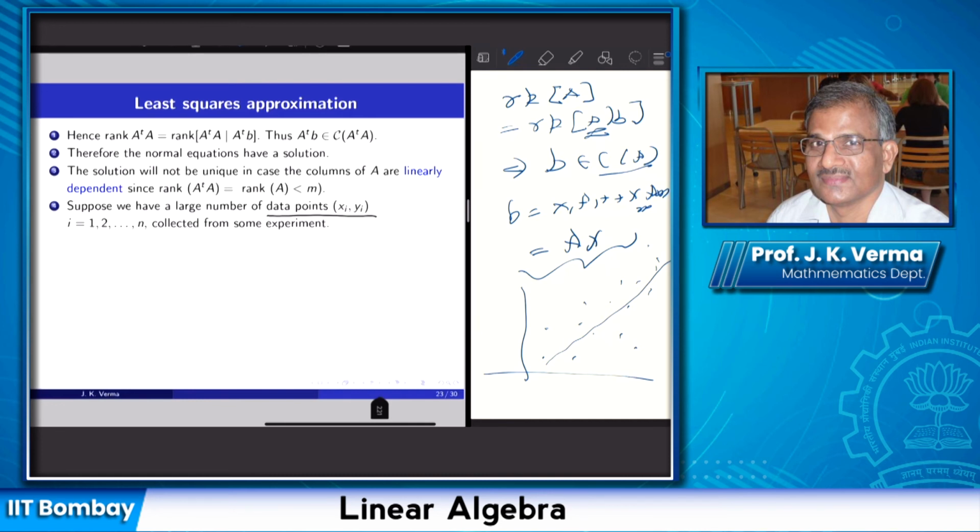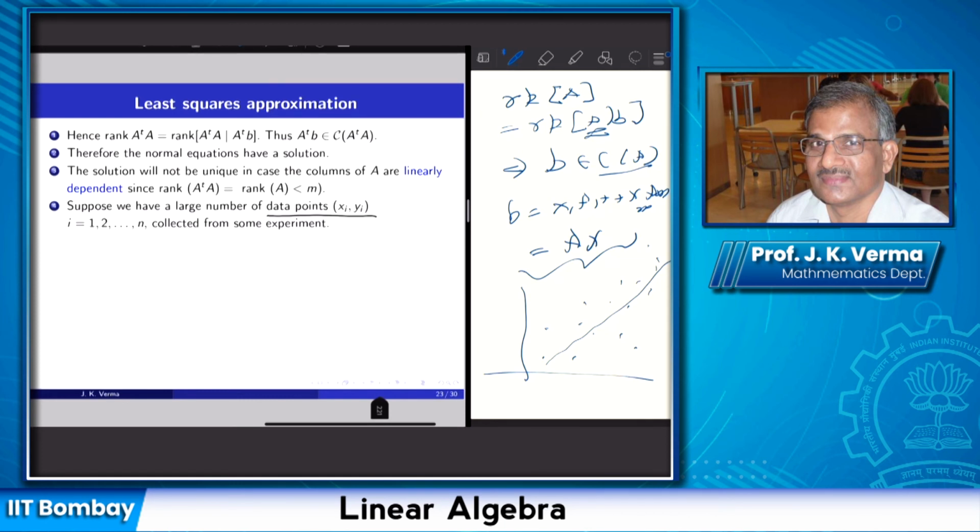Visually you can see once you plot this data that there may be a straight line which fits the data. It will not pass through all data points, but most of the data points will lie near a straight line, but there may be many straight lines which will pass through these data points. We want to pick the best straight line.